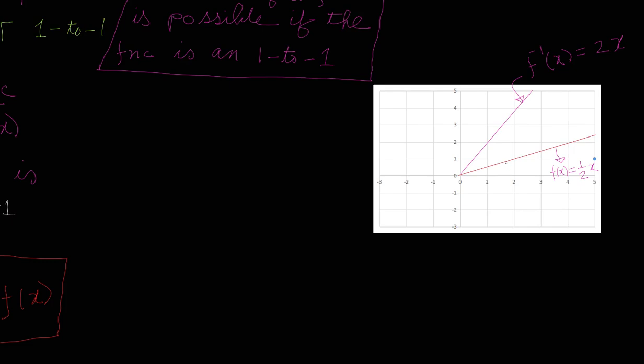So for the first function, let me use another color. Let's pick a point, x equal to 2. I am choosing the function f of x equals half x, and remember this is what equals y.